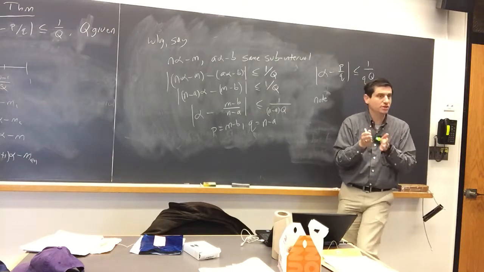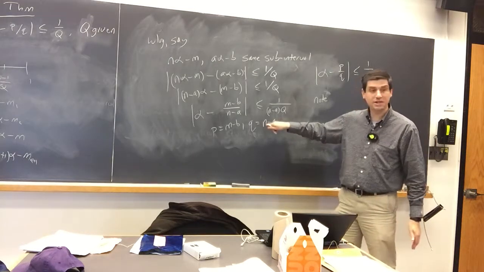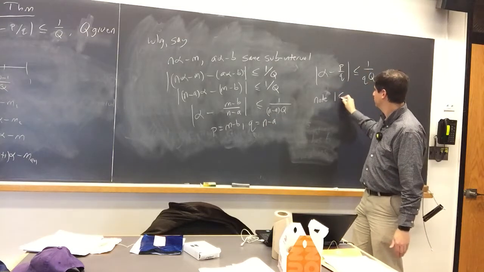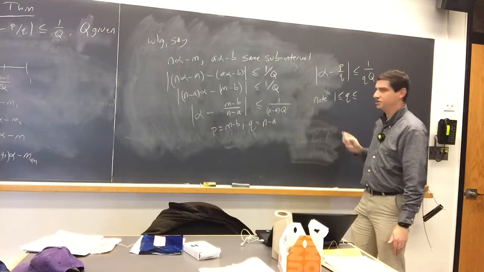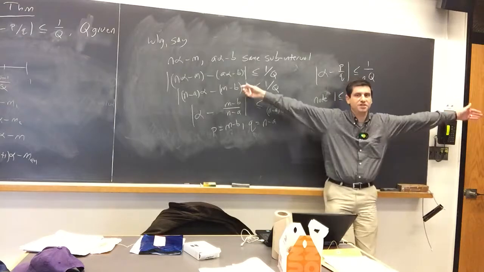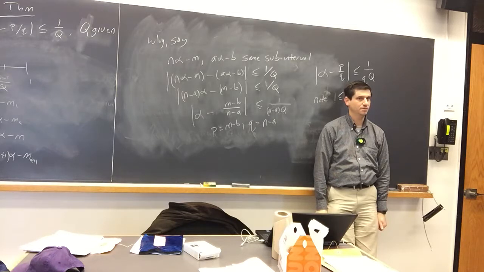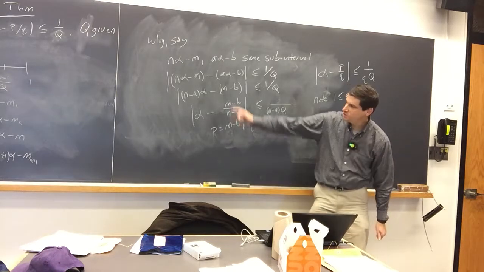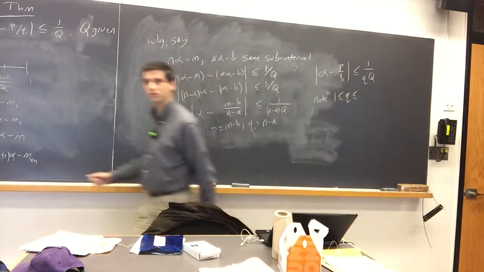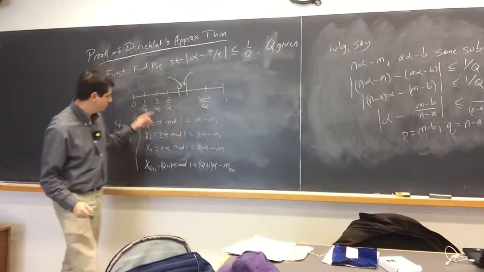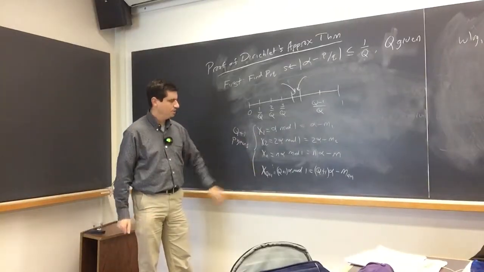So the smallest n minus a could be is 1. What's the largest it could be? What's the farthest apart they could be? So look at our pigeons. What's the extreme case? What's the furthest separation we could have in two elements?